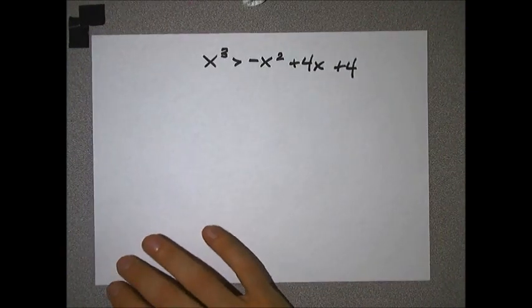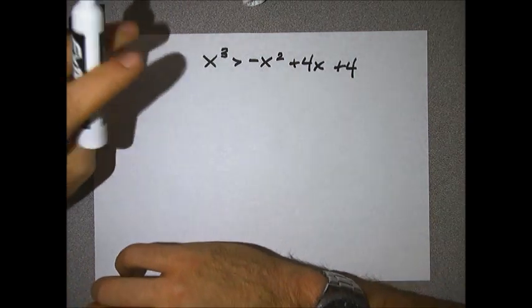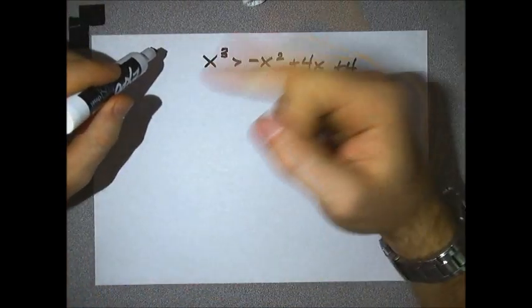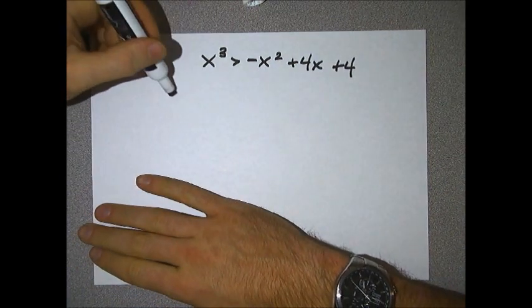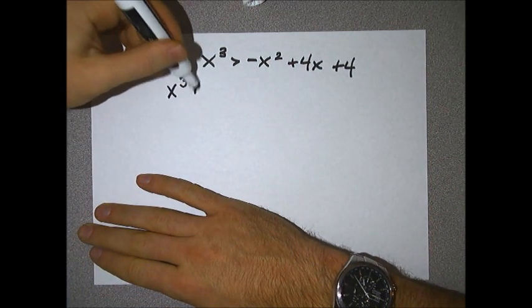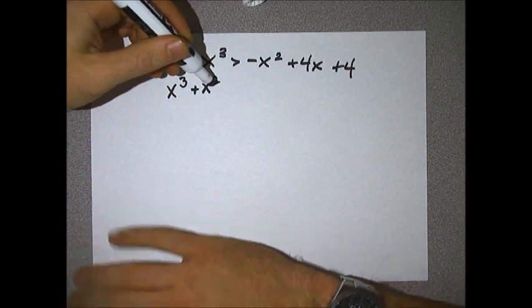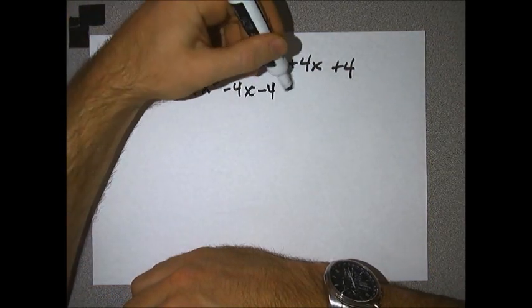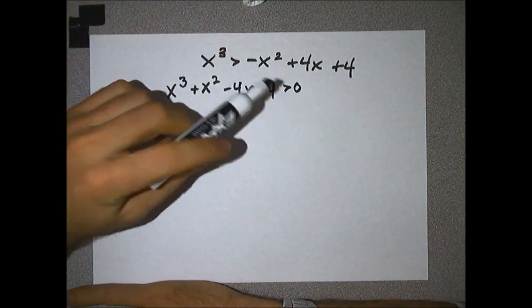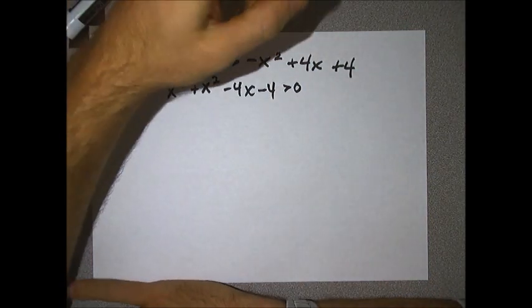Okay, it says graph the polynomial inequality. So first thing I want to do is bring everything to the left and set it equal to 0. So I'm going to have x to the third plus x squared minus 4x minus 4, greater than 0. If it's greater than 0, I know I'm looking for what type of answers?